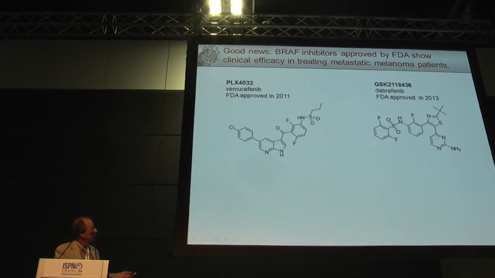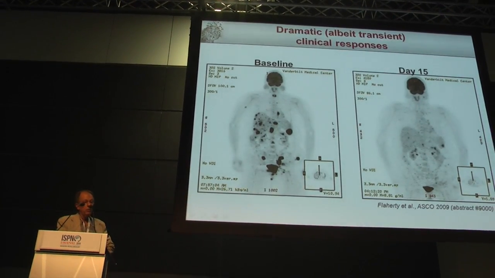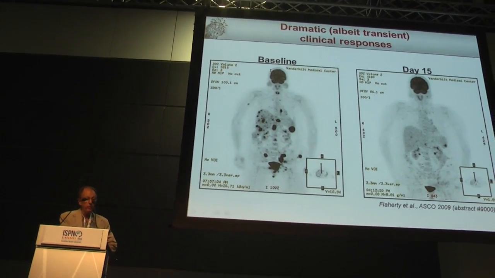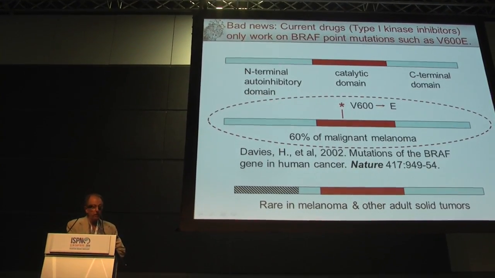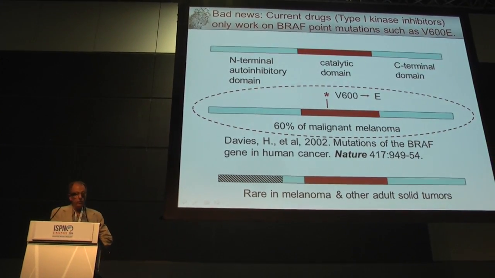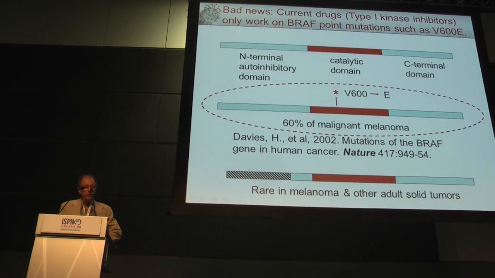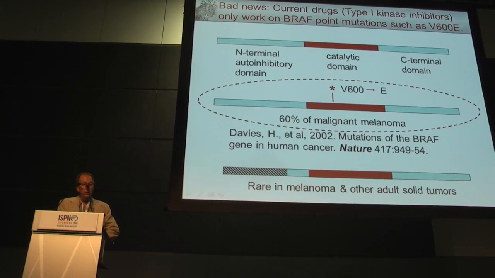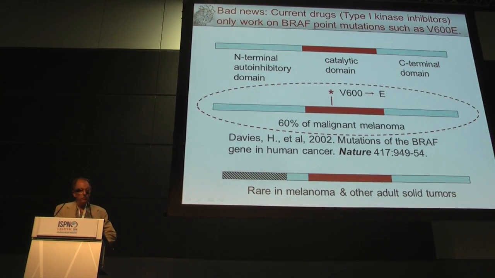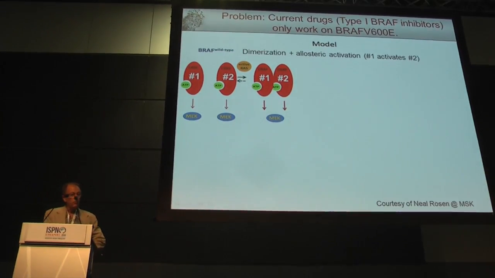Two drugs shown here are already FDA approved for treating malignant melanoma, with dramatic, albeit transient, clinical responses in patients with this very metastatic type of tumor. But quickly it became apparent there's some bad news here. The current generation of drugs, which are type 1 kinase inhibitors, we'll see more about that in a minute, only work on the point mutations, the valine to glutamate substitutions. They really have no impact on the truncation fusions.